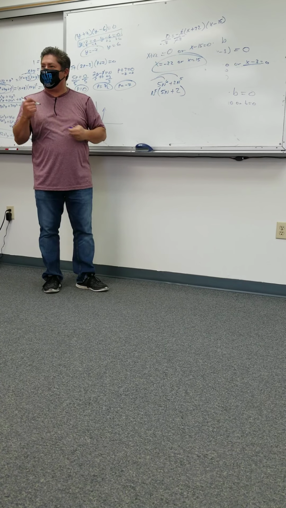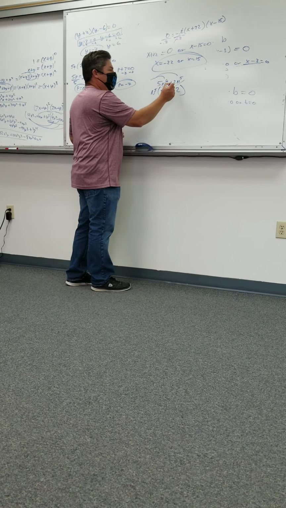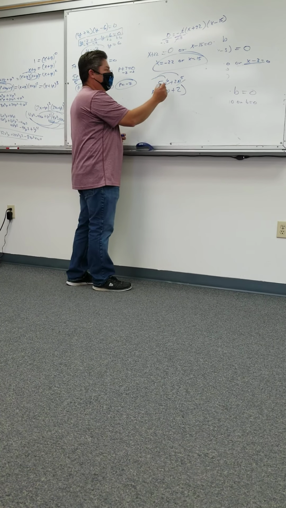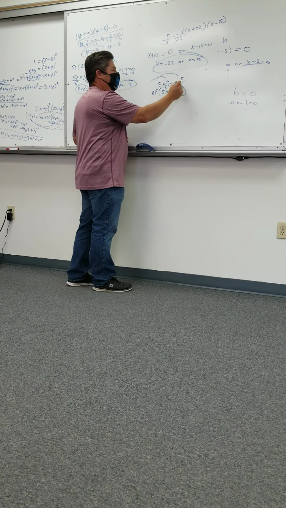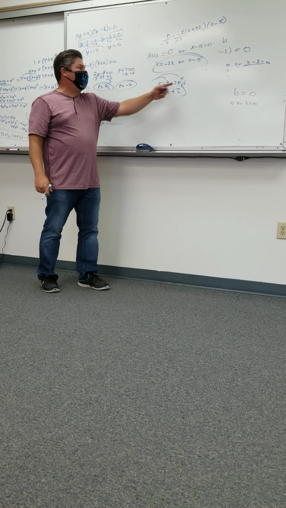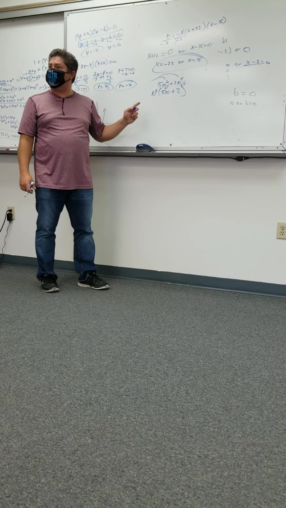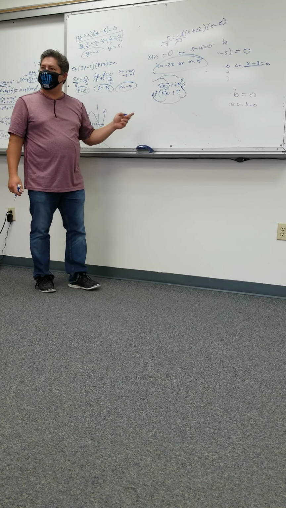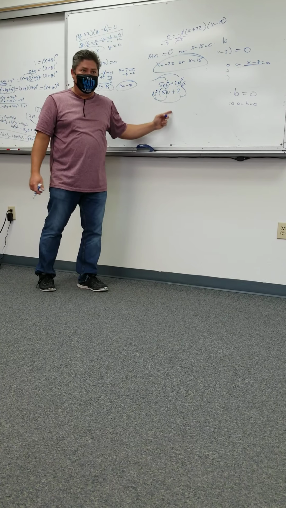By the way, guess what's really happening? We're really dividing these by the common factor. What's the common factor? n to the 5th. You're dividing them out. So when we're factoring out, we're dividing out. By the way, does that make sense? If I was to distribute, what am I doing? I'm multiplying in.